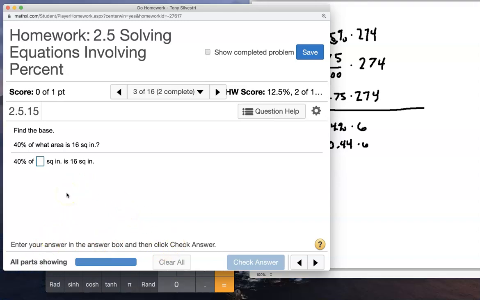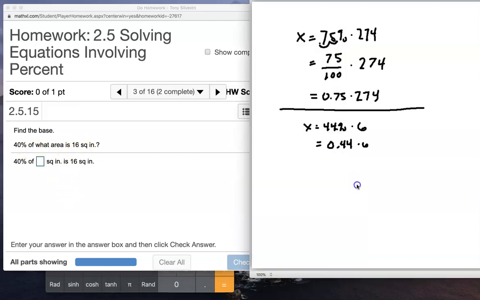Okay, let's take a look at problem 3 here. 40% of what area is 16? Well, literally, if you just listen to what I'm saying here, what I'm going to say is 40% of what? It's a little bit different from this, but the idea is pretty much the same. 40% of what is equal to 16.